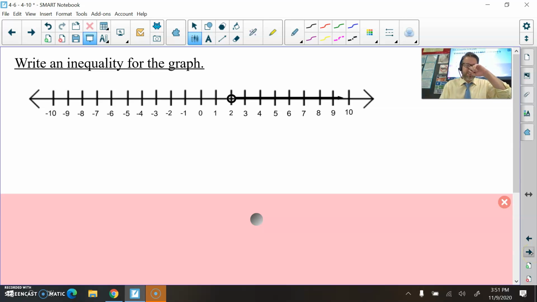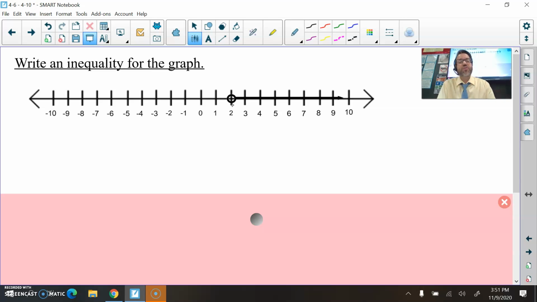So now we're doing just exactly the reverse of what we were just doing. Look at this one here. I have an open circle at 2 and an arrow going to the right. Okay, open circle at 2. So is 2 one of our solutions to this inequality? No, it is not. Okay, but everything greater than 2 would be a solution.